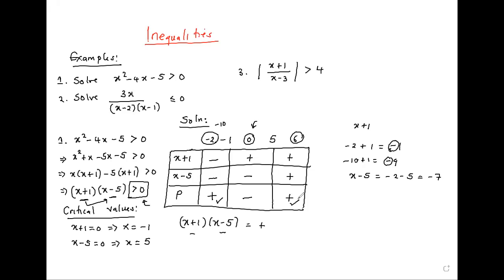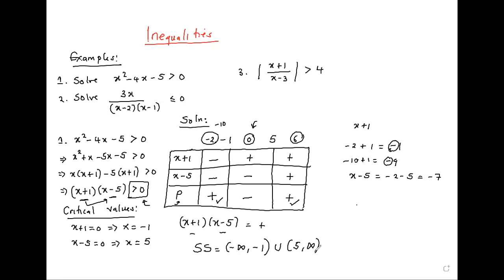So you say the solution set, you pick the P, the product, the signs of the product. That is from -infinity all the way up to -1, not included, union 5 all the way up to +infinity. How do I know when to include and when to exclude?